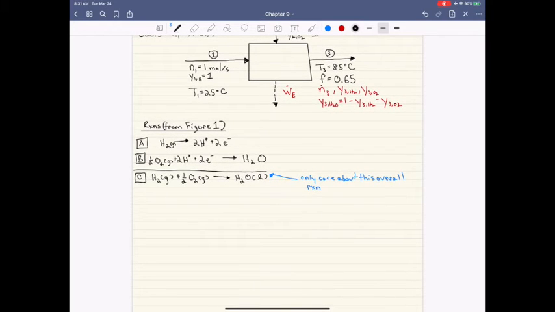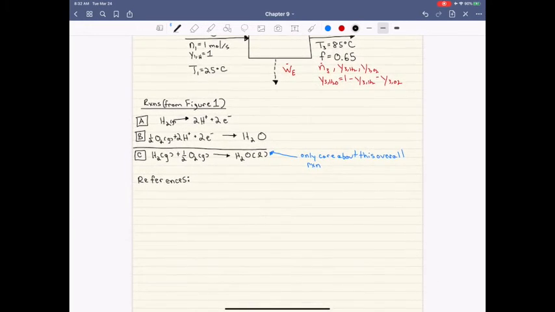What I'm also going to do at this point is prepare an enthalpy table. I won't fill in the references yet, but I'm just going to go through and prepare what that table will look like. So we have our different species, and we only have 3. We're going to need a column with all the moles that are coming in, and that's going to be in units of moles per second.